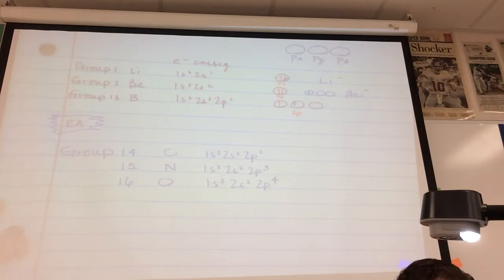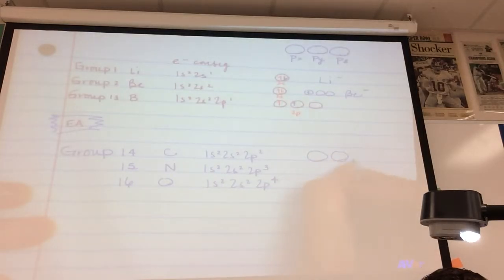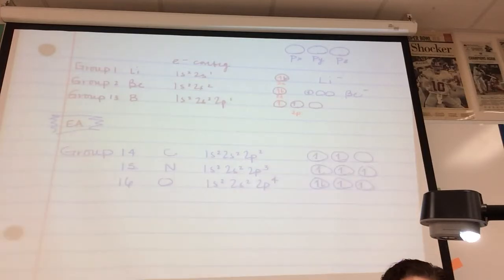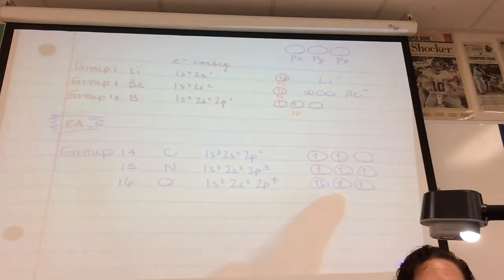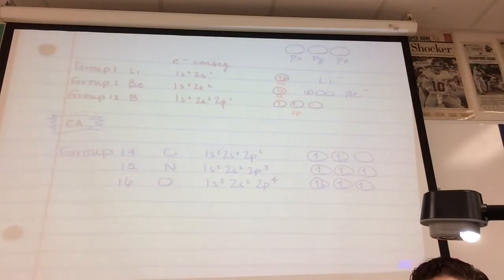Okay. All right. So what you've got here then, again, the 2px, the 2py, the 2pz, up, up, up, up, up, up, up, up, down. Again, mastery of this concept before walking in the door. If you didn't have mastery of this, a little bit messy.